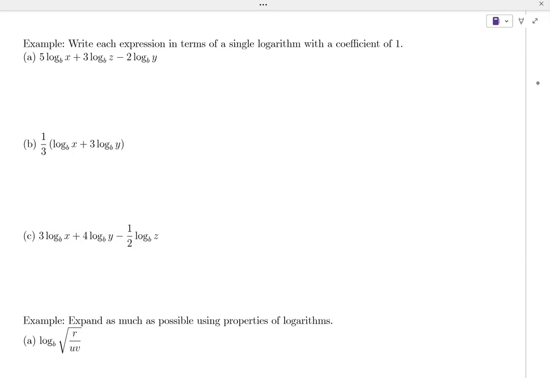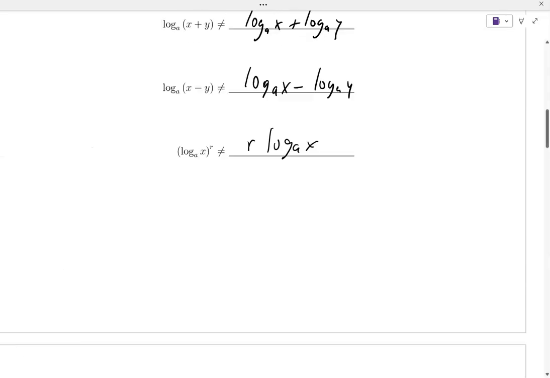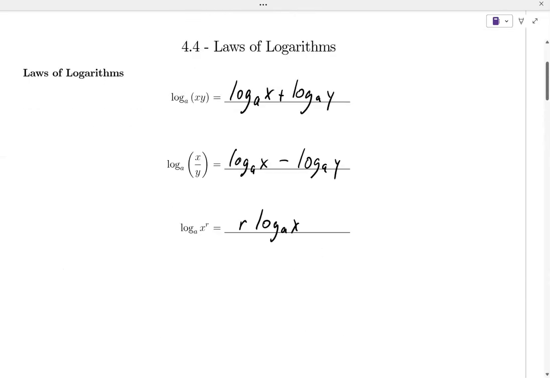So let's look first at what we have as these individual pieces. Notice that each of those individual pieces has a number, a constant, out in front, right? Okay. Going back up to our log properties that we wrote on the previous page, looking at that last one, if I have a number out in front, what can I do with that number?